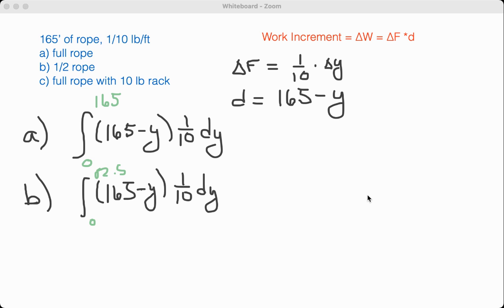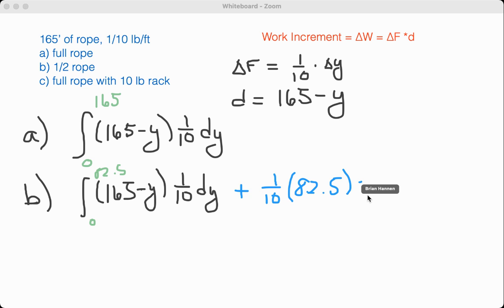But you have to realize we've now coiled up half the rope. What happened to the other half? What happened to the bottom half that's still dangling down? Didn't we have to pull the weight of that up? Well, that's really nice. That is a constant weight, a constant force, literally half of the rope, which weighs 1/10 of a pound for each of the 82 and a half feet of the bottom half of the rope.